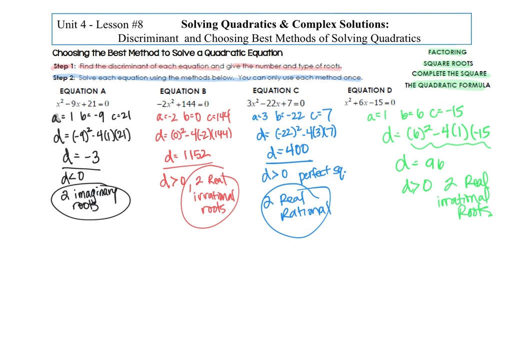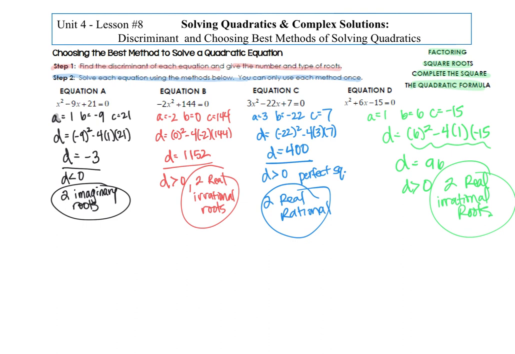Based on what these say, which method are we going to use for each? I would start with the first box, factoring. Which of these equations would be best for factoring? The code on the bottom of the front side of the notes says when each method can be used.